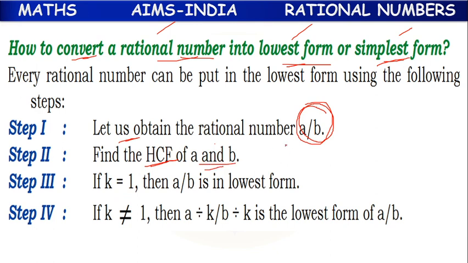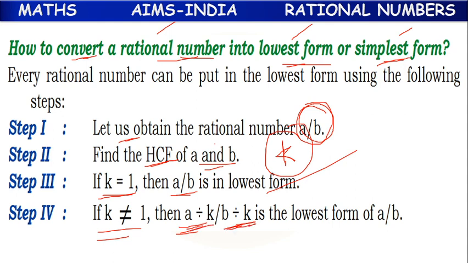Let the HCF of a and b be k. If the k value is 1, then the given rational number is already in lowest form, and there is no need to write it separately. But if the k value is not 1, then both numerator and denominator are to be divided by k, that is, by their HCF. After division, whatever remains will be in the lowest form.